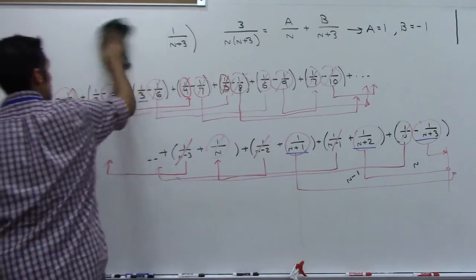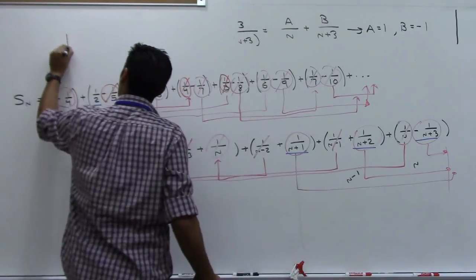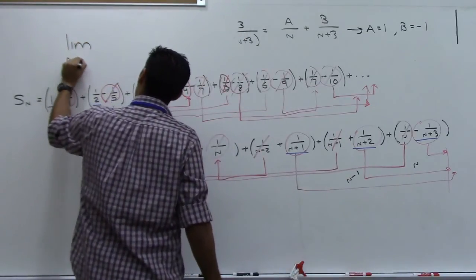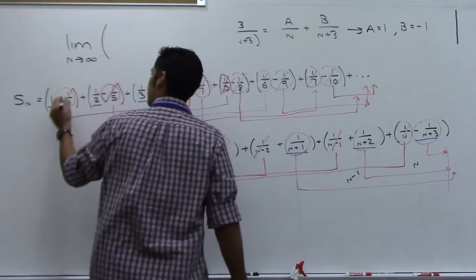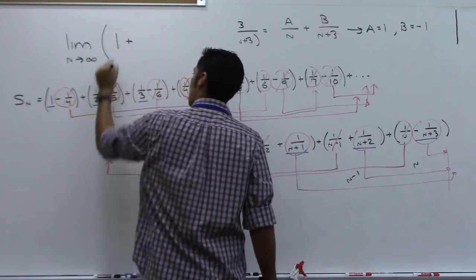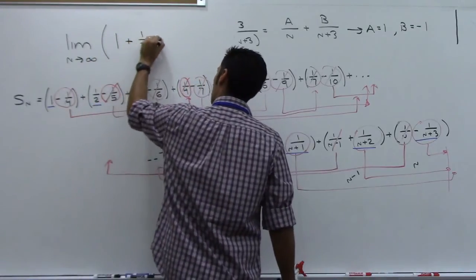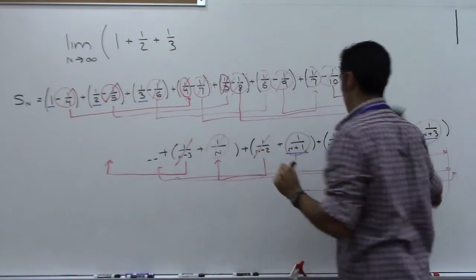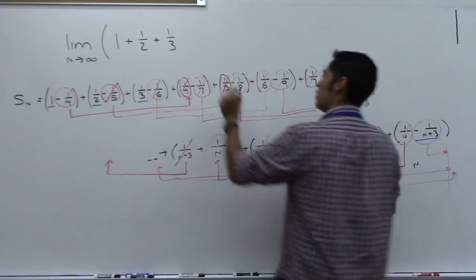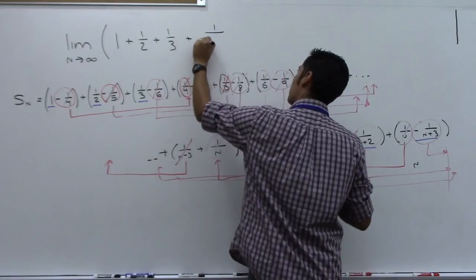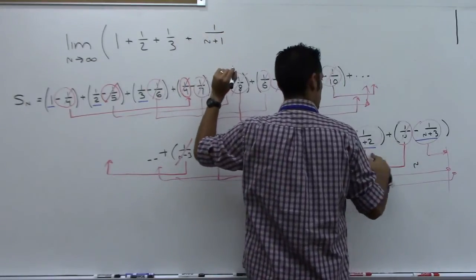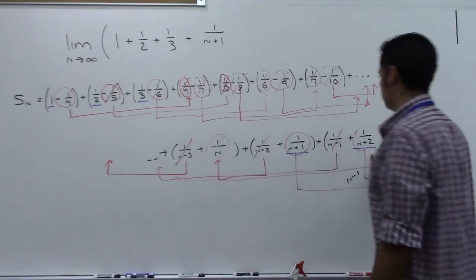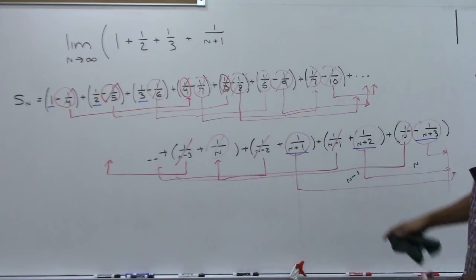So now what I'm going to do is take the limit of this nth partial sum, which is 1 plus a half plus a third, and then all this other stuff down here, plus 1 over n plus 1, plus, well, you know what? Did I forget to put minuses in there?